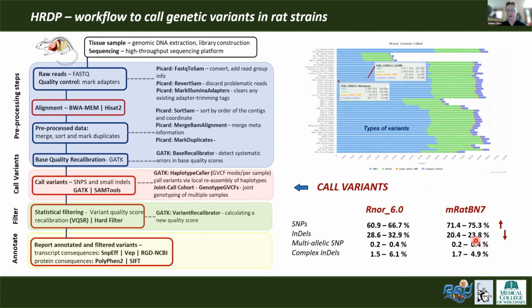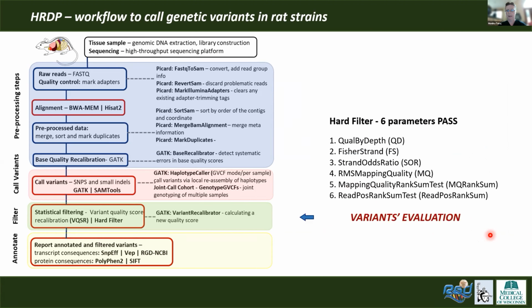Looking at the types of variants called between those two references, we can see an increase in SNPs and a decrease in indels, and you will see more details in the next slides. There is also a small fraction of multi-allelic SNPs and complex indels. Usually people don't take much interest in these, at least I didn't see many talks about them.